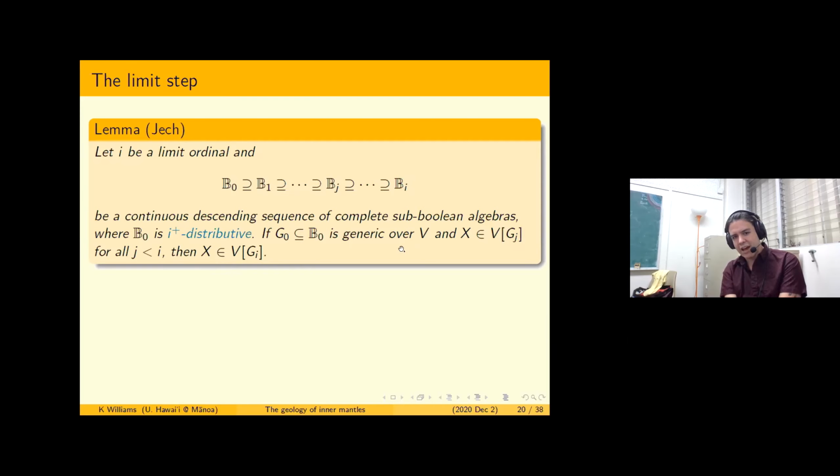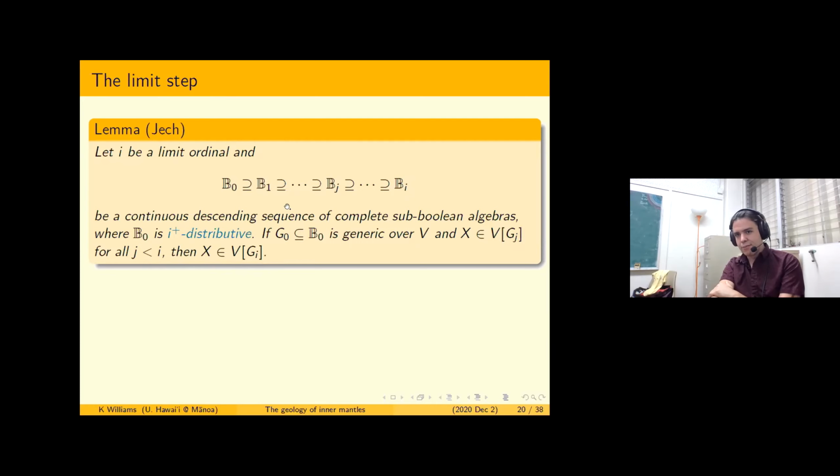And so this is exactly what we want to make the limit stage go through: if you intersect all the intermediate stages, these are the smaller inner mantles by inductive hypothesis, then we get exactly the extension by the intersection of all of the Boolean algebras.